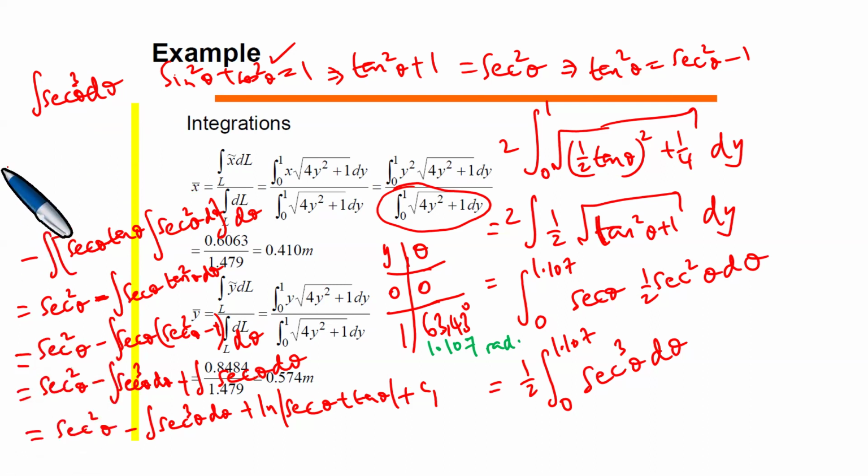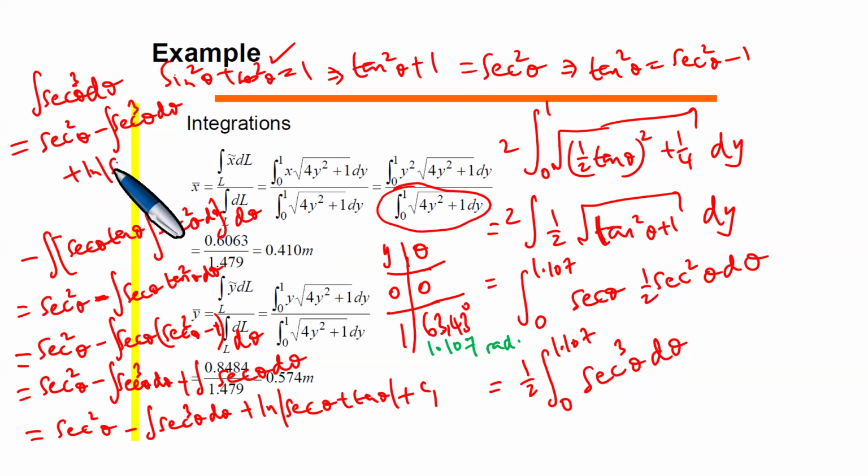The sec cubed of theta is equal to the sec squared of theta minus the integral of the sec cubed of theta d theta plus the ln of sec theta plus tan theta plus C1. Okay, you add these two guys.